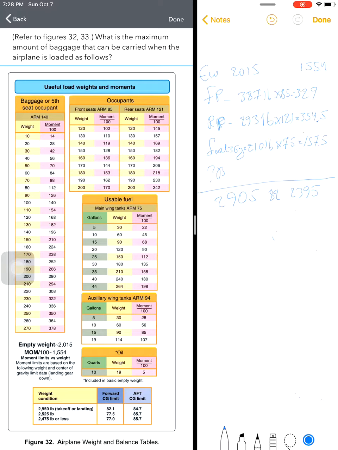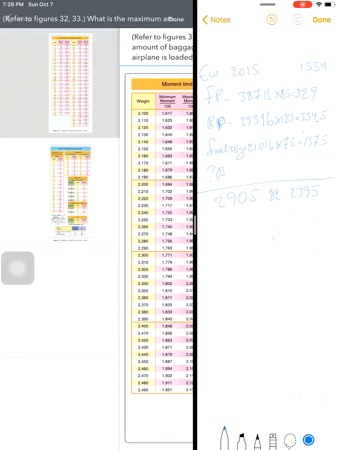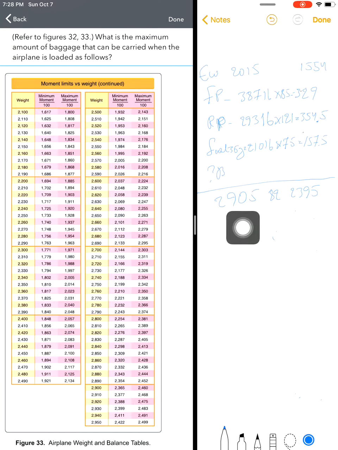Arm is 82. Okay, so if I go to the second table here, see if I get the 2905 on my weight. 2905. We can go all the way up here. I can go all the way up here because of my 2395. So 2930, 2940, 2950.